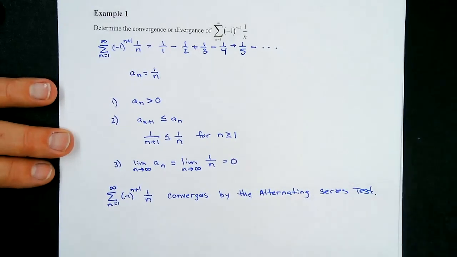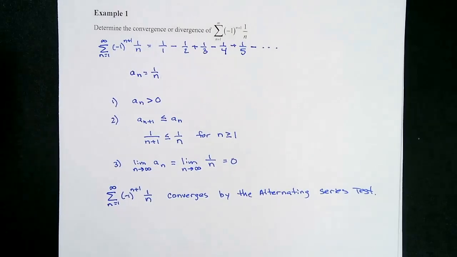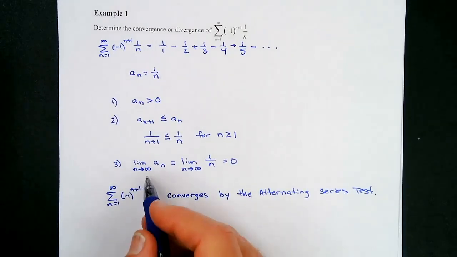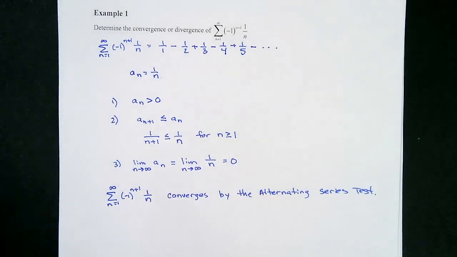And so that's the 3 things we have to show, that the A sub n is greater than 0, A sub n plus 1 is less than or equal to A sub n, and then the limit as n approaches infinity of A sub n is equal to 0. If we can establish those 3 things, then the series will converge. Okay. If we can't establish these 3 things, okay, then we're going to have to find some other way to show it either converges or diverges.